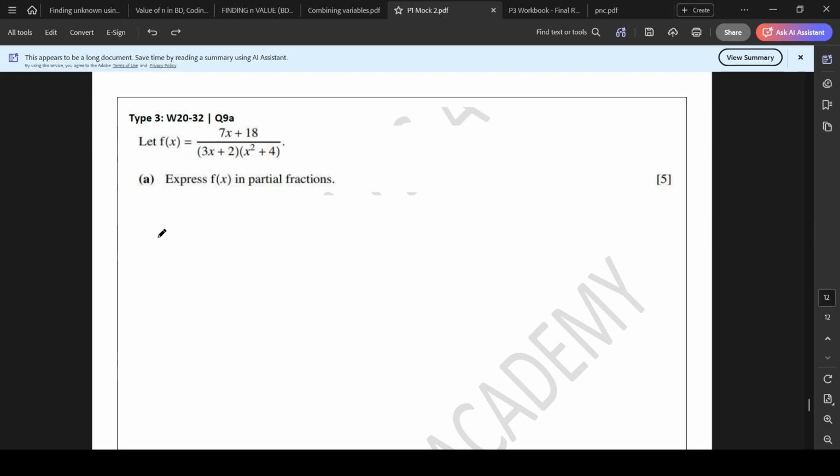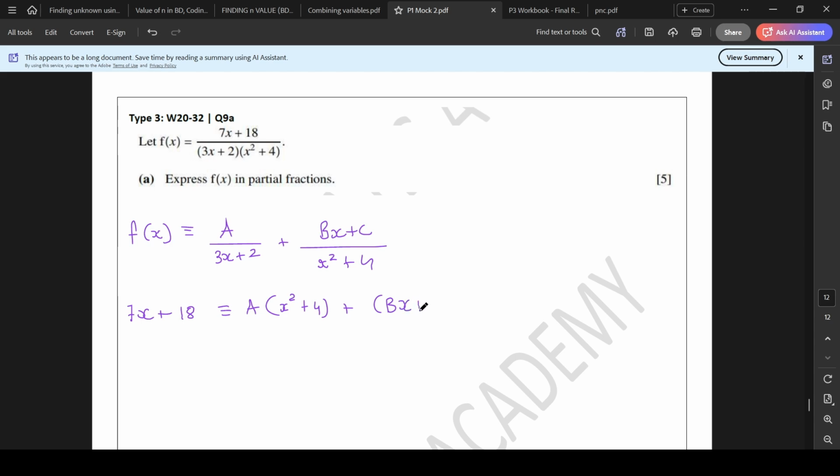I know that my f of x is going to be equivalent to a by 3x plus 2 plus bx plus c divided by x square plus 4, and then I can compare my top parts. 7x plus 18 is equivalent to a times x square plus 4 plus bx plus c times 3x plus 2.